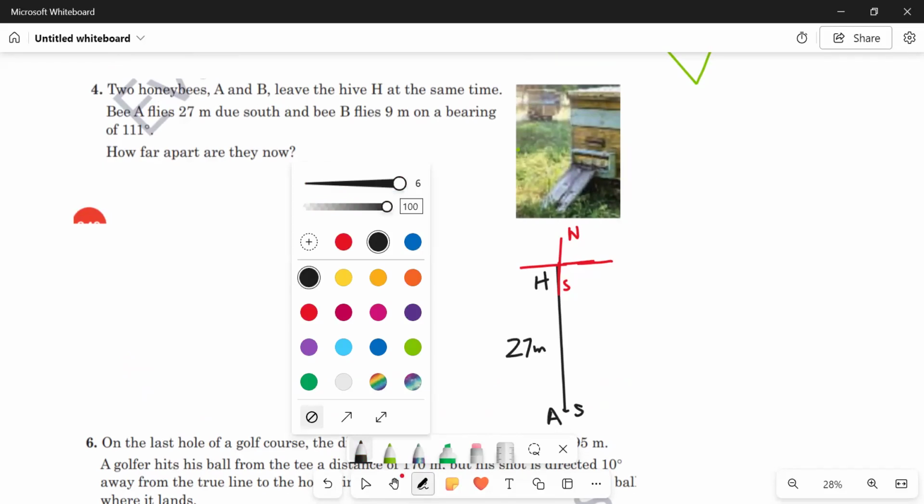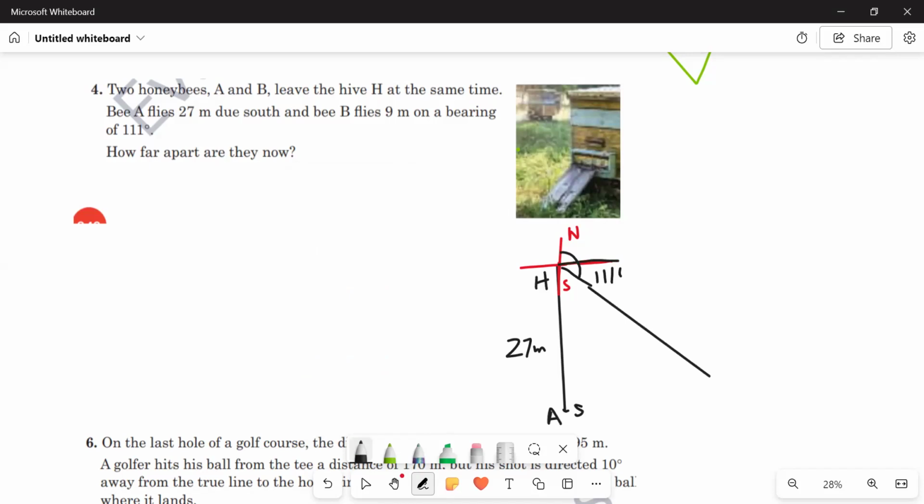And B flies 9 meters on a bearing of 111. B is moving from the same point at the bearing of 111. So this one is 90, and this total becomes 111. Now, how far apart are they now? We have to find the distance between these two honeybees.